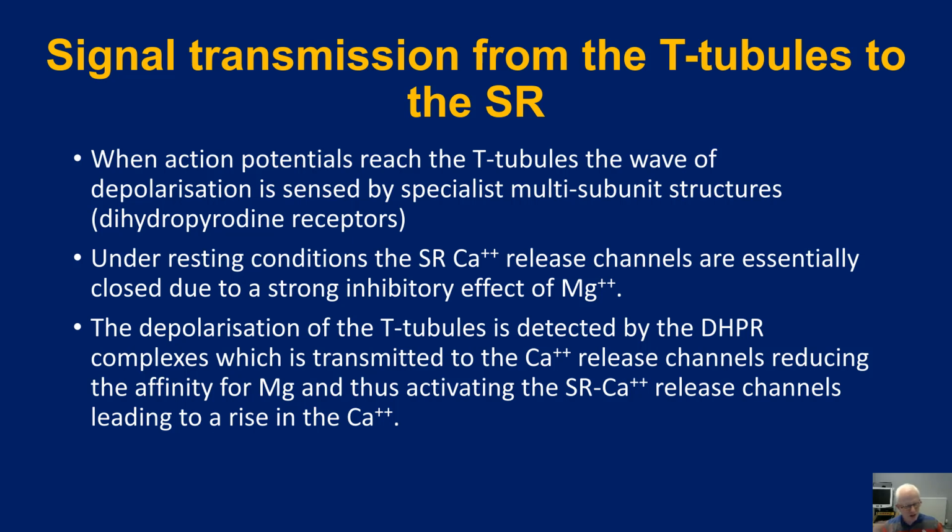In other words, as the action potential starts to arrive, that is detected, and that basically down-regulates the inhibitory effect of magnesium. We start to open up the sarcoplasmic calcium release channels, because the magnesium is basically being deactivated, going from a double positive charge, Mg2+, to having no charge.